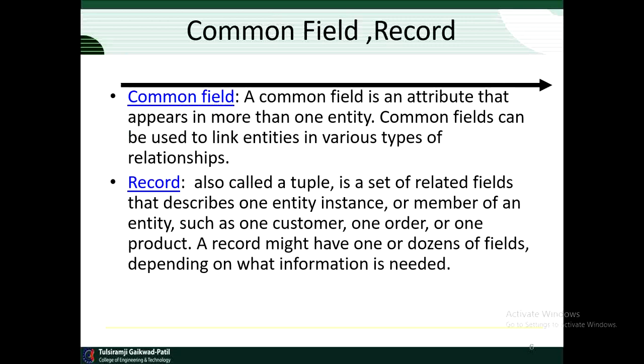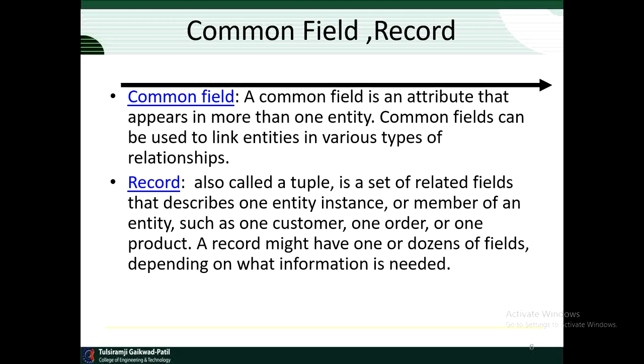Then what are common fields and what are records, that we will see now. A common field is an attribute that appears in more than one entity. Common fields can be used to link entities in various types of relationships. Records are also called a tuple.